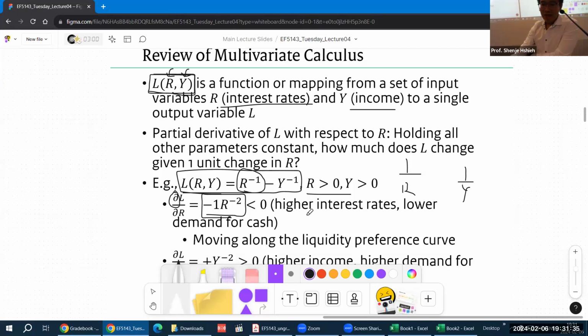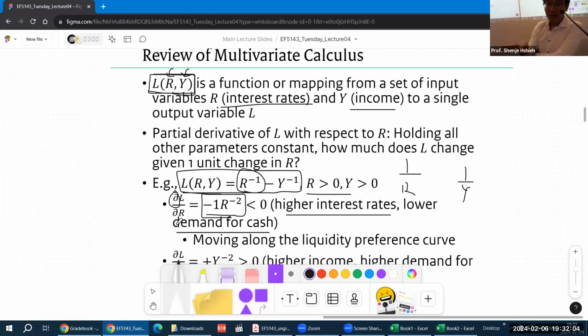In which case we understand now that if R is higher, then it becomes more negative, so the lower the demand for cash. That's how you interpret this expression. Sometimes I'll say partial L with respect to partial R. That just means I'm looking at the partial derivative of liquidity demand, or cash demand, with respect to a minuscule change in interest rates.